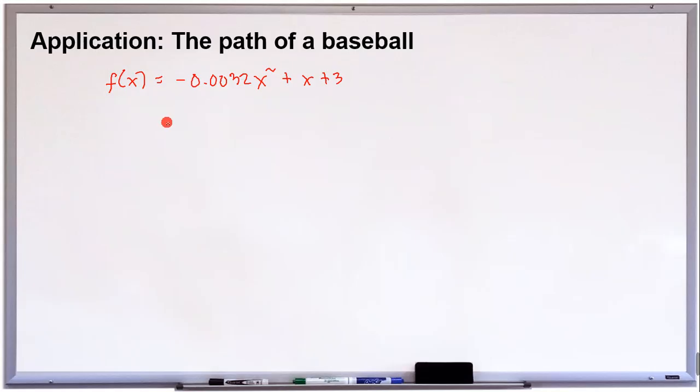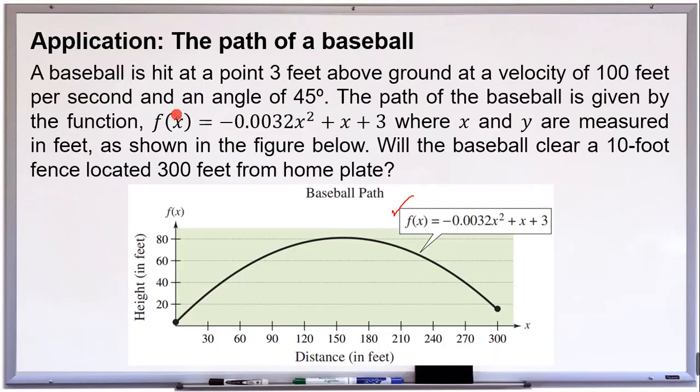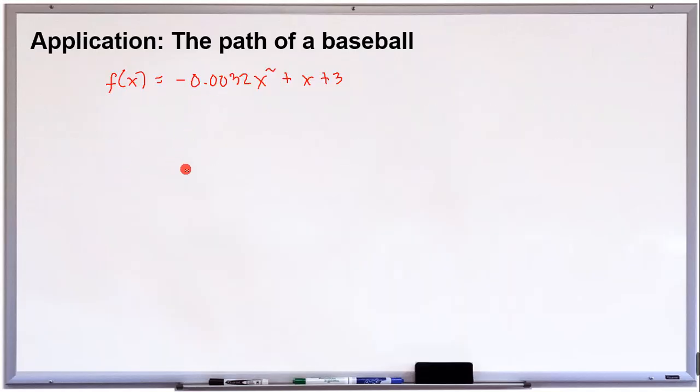In order for us to know whether the baseball will clear the 10-foot fence, what happens is that we have here a baseball, then it is thrown upward following the projectile path, and then let's say at 300 feet, this is the range of the projectile.